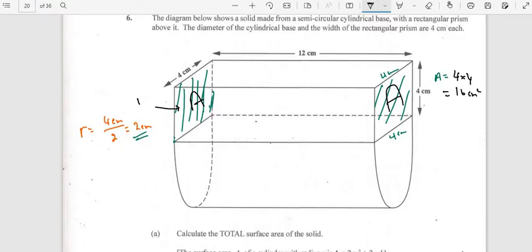This is also the same 16 square centimeters, right? So that's 16 square centimeters times 2, or double, 16 plus 16, whichever you choose. That will be 32 square centimeters. So let's call that A.